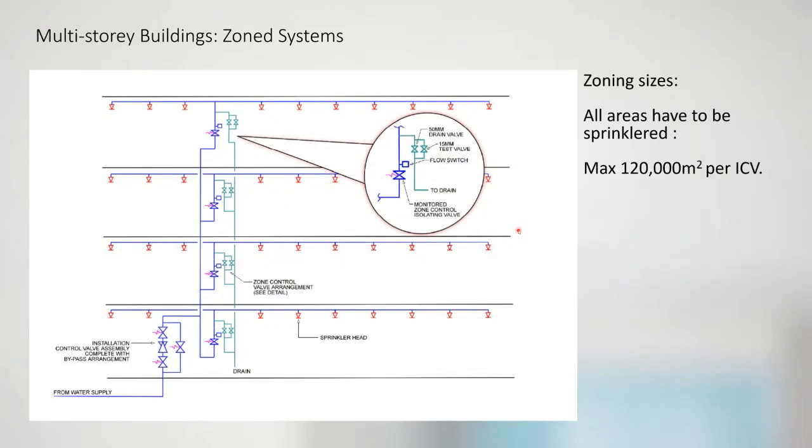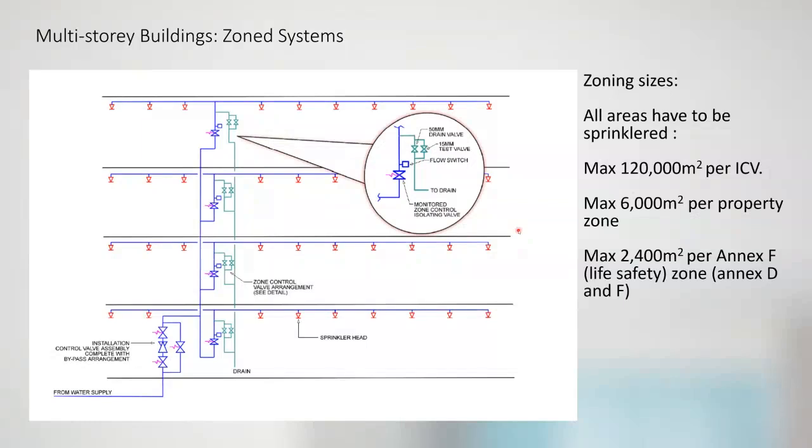The maximum area one installation control valve can cover is 120,000 square metres. For a property protection zone, it's 6,000 per zone. Okay, that's 20 zones. And for life safety, it can be 2,400, which is a lot more zones. My mental maths will not allow me to work that out.